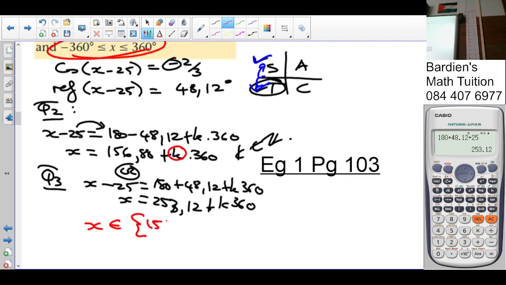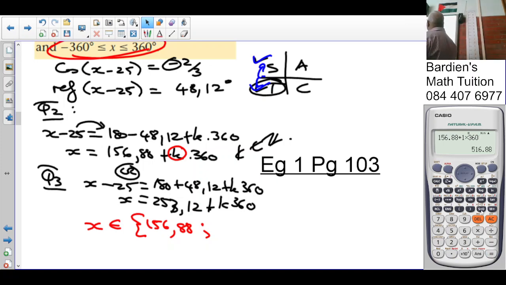I get 156,88. If I say 156,88 plus 1 times 360, that is 516,88, which is outside 360, outside the given domain. So I'm not going to list that one.